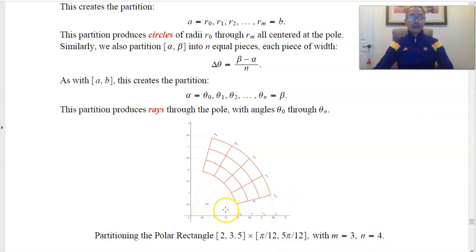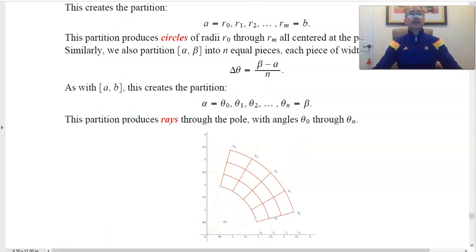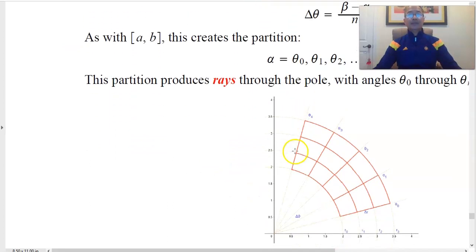So actually that's pi over 12, this much, and then another pi over 12 makes pi over 6, and then another pi over 12, that's pi over 4. And then another pi over 12, that's pi over 3, and then finally to 5 pi over 12, okay? So as you can see, maybe we can see better if we zoom in a little bit.